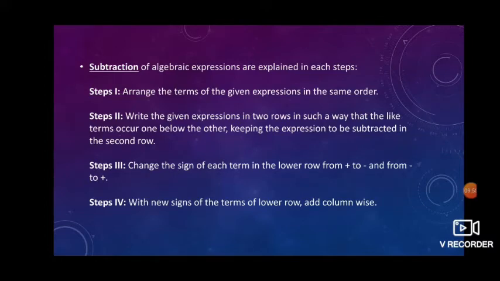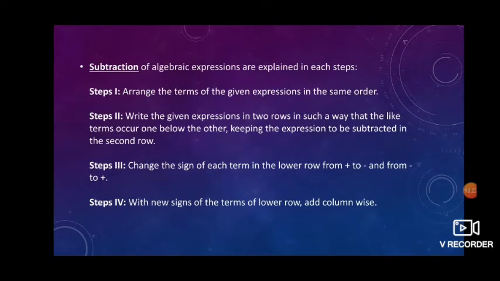Step 2, write the given expressions in 2 rows such that the like terms occur one below the other, keeping the expression to be subtracted in the second row. The minuend, the expression from which we are going to subtract, should be in the first row, and the subtrahend, the expression we are going to subtract, in the second row.